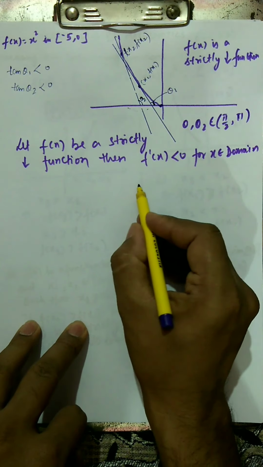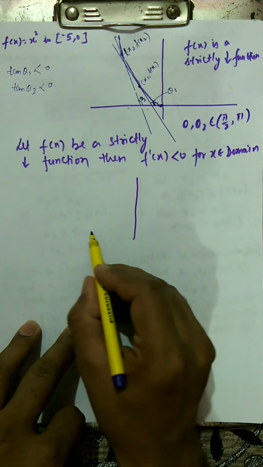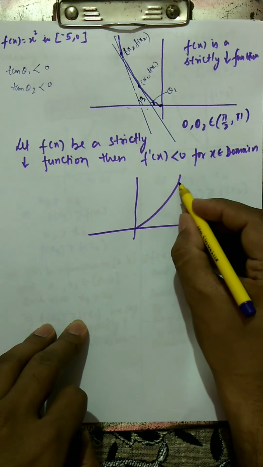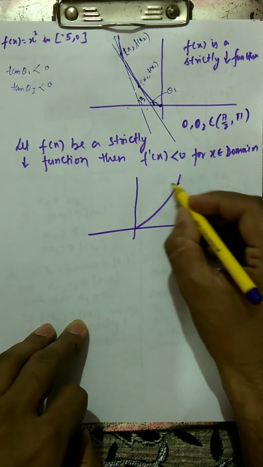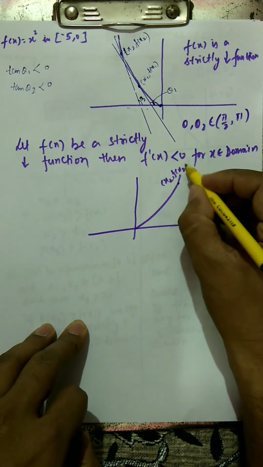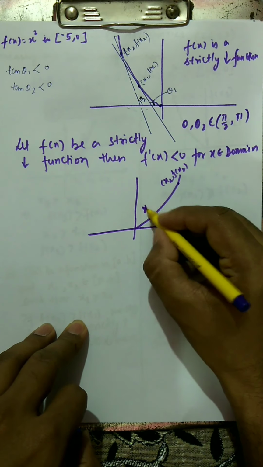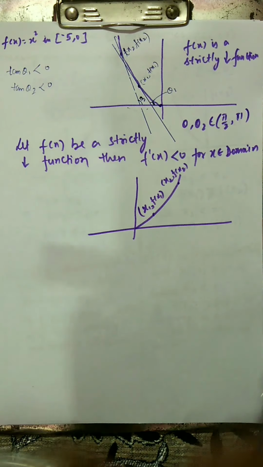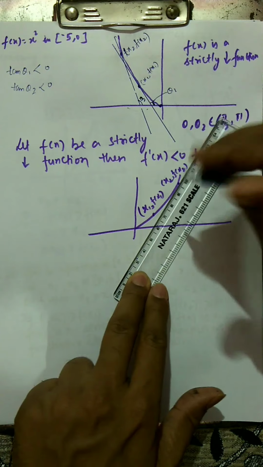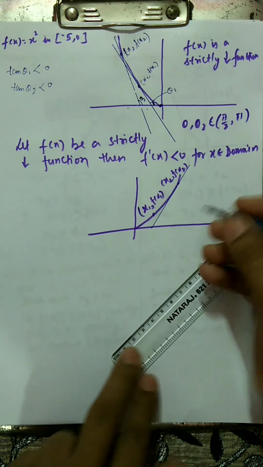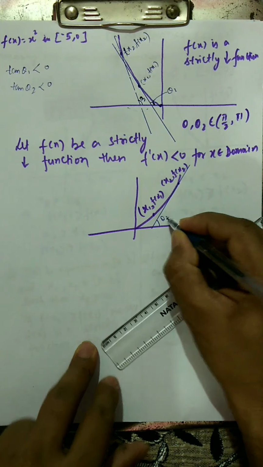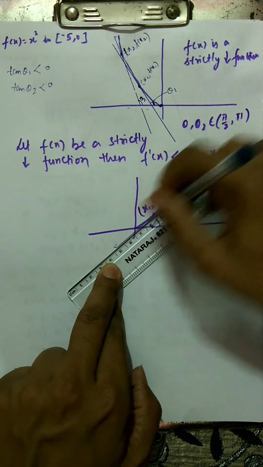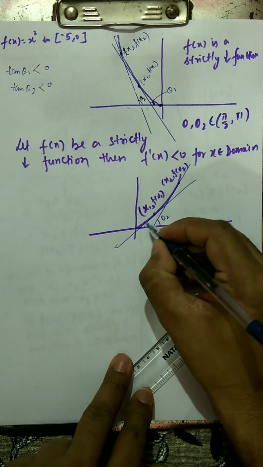Okay, next we come to another definition of the increasing function. This is the case that we have taken earlier also. Let's say this is the point x2, so this point will be x2, f(x2), and this is the point x1, f(x1). Again, if I want to draw the tangent, I can draw it here. This is my first tangent and it is making angle theta 2, and this is another tangent with angle theta 1.